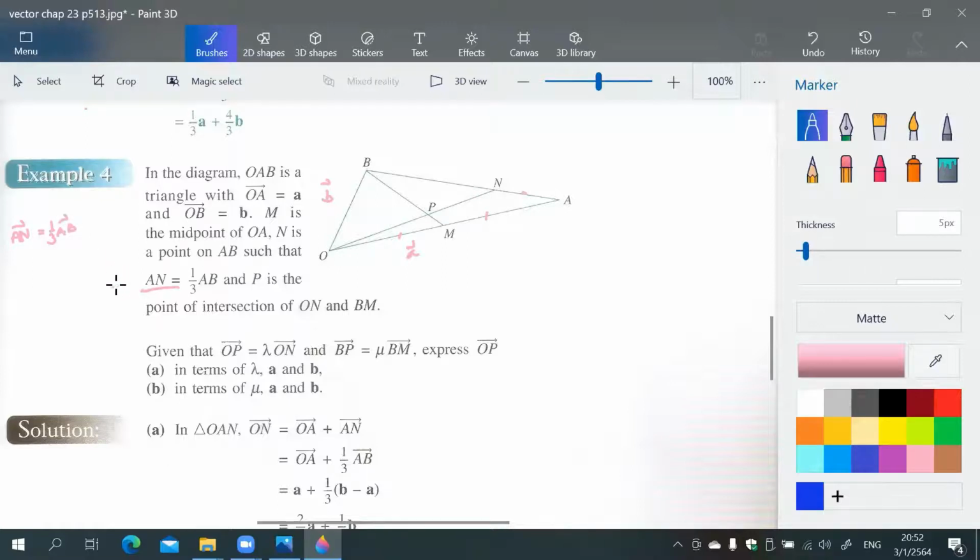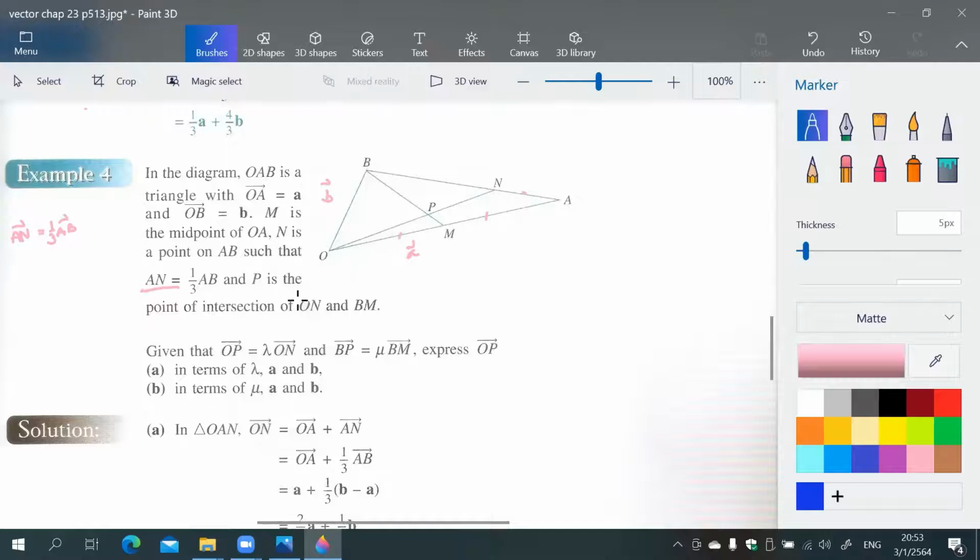At the same time we know vector NB is going to be 2 over 3 of vector AB. Next, P is the point of intersection of ON and BM. So this is P, the intersection of these two lines.